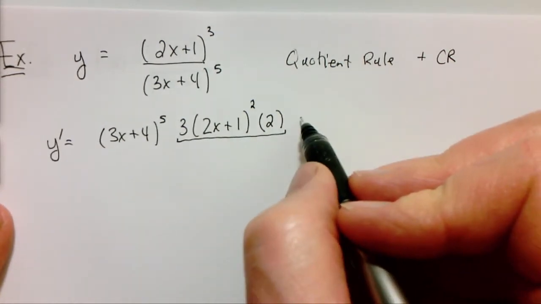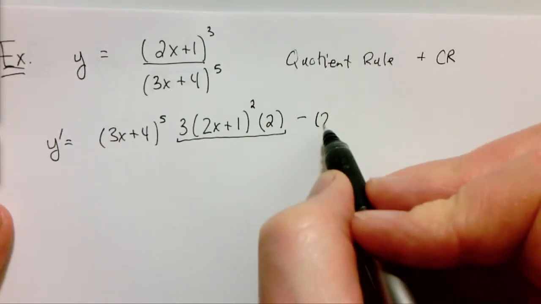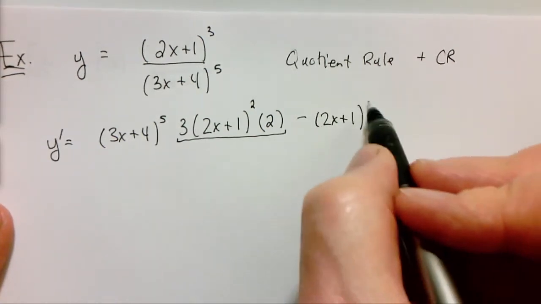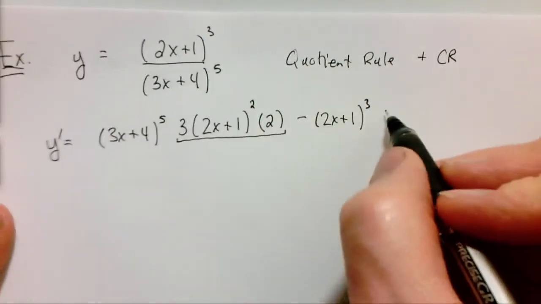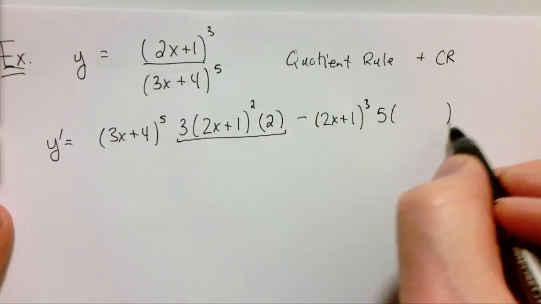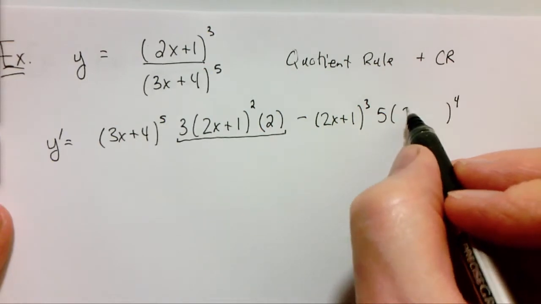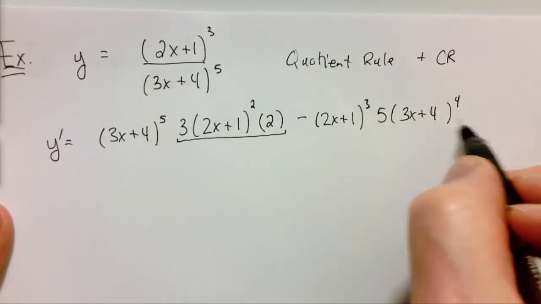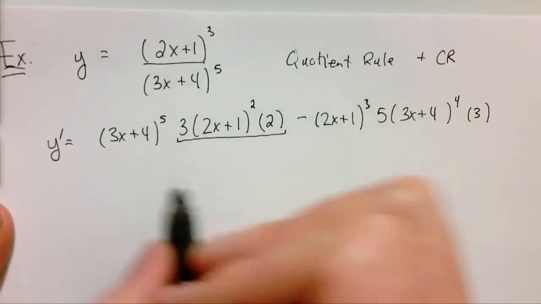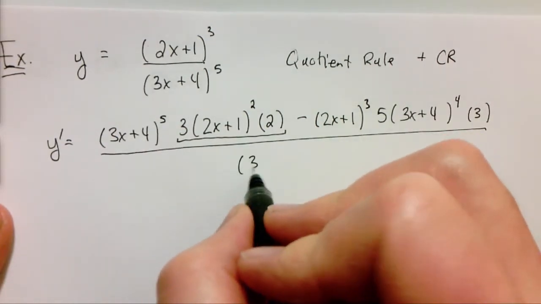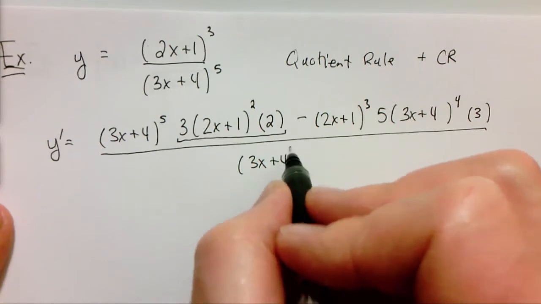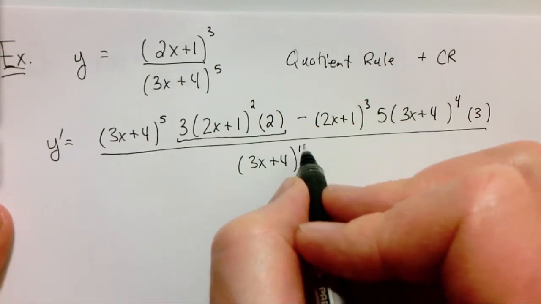Low d high minus high d low. All right, again the chain rule. 5 to the 4th power, leaving what's on the inside alone, multiplied by the derivative of the inside, all divided by low squared. If I square something to the 5th power, it's now to the 10th power.